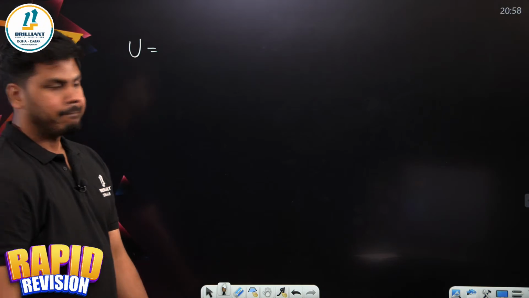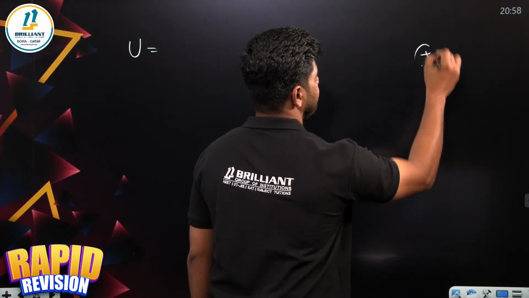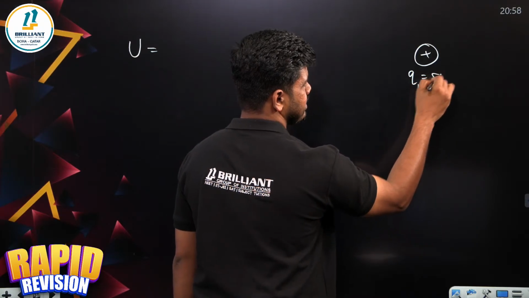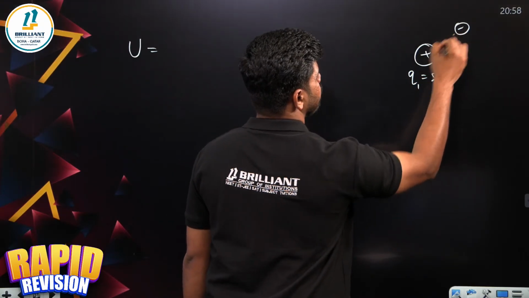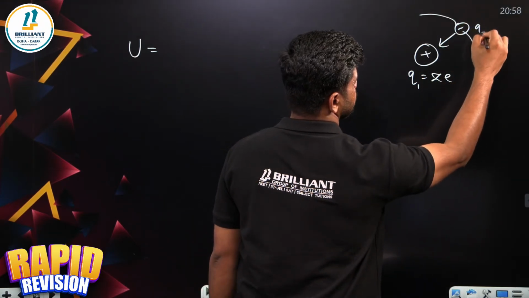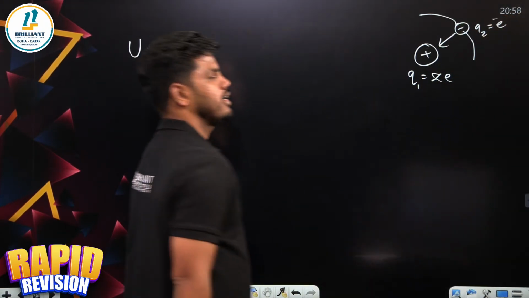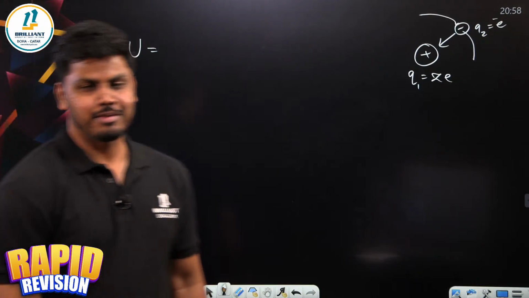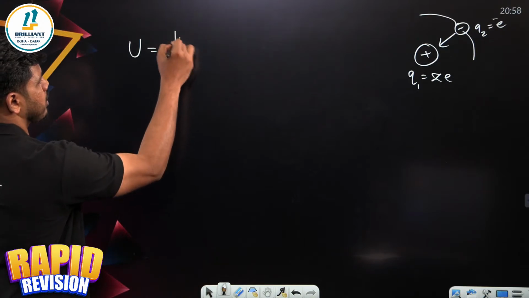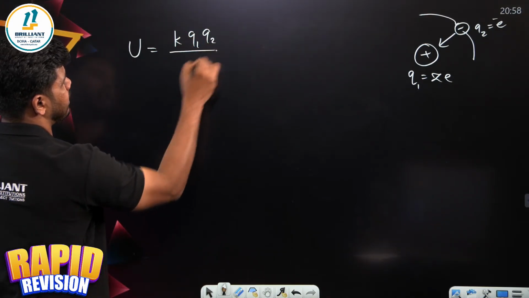Now how will you find the potential energy? We have nucleus which has a positive charge, Q1, which is Ze. Electron is revolving around the nucleus, and it has a charge minus e. Electron has negative charge. We are going to calculate potential energy. We have to consider the sign. Okay, U equals K Q1 Q2 divided by r.